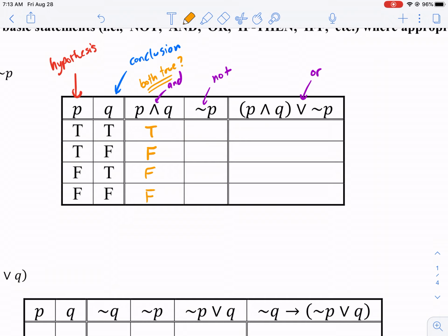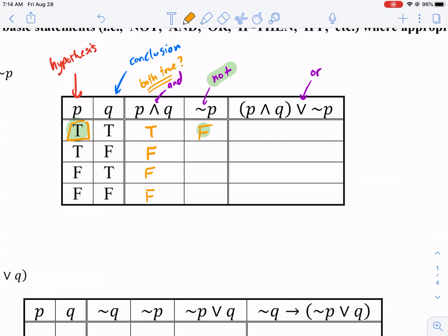All right. Now, this one, anytime we're using the negation, we're just doing the opposite. So if P is true, we're going to write the opposite here, which is F. That's what the not means. Negation. So we're looking at this and we're putting the opposite.